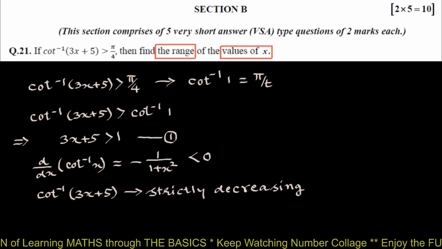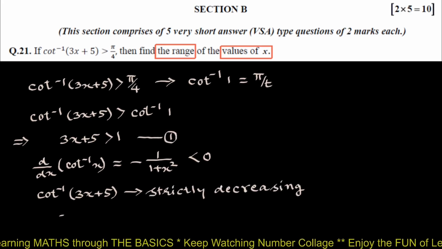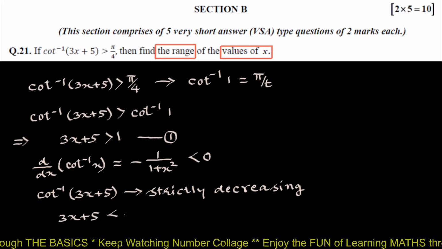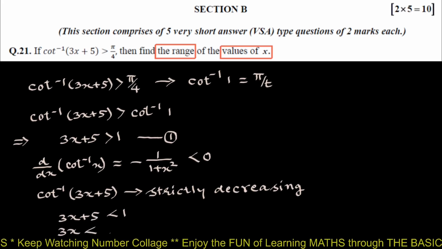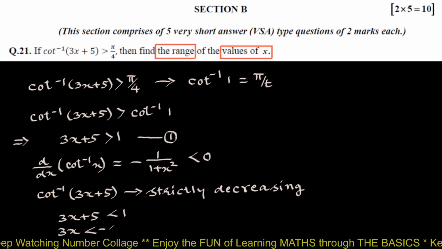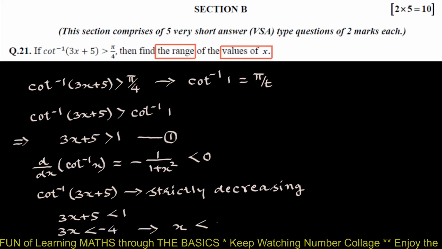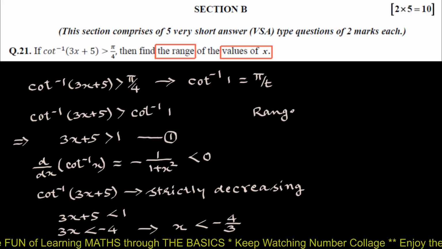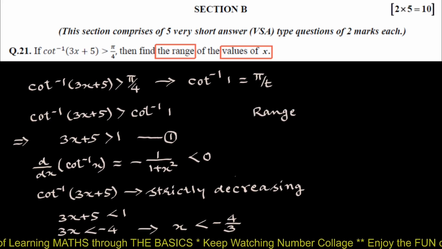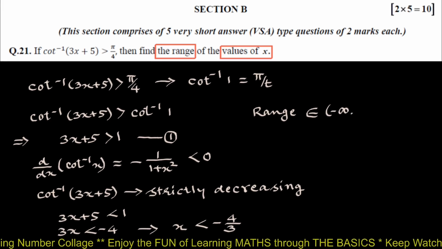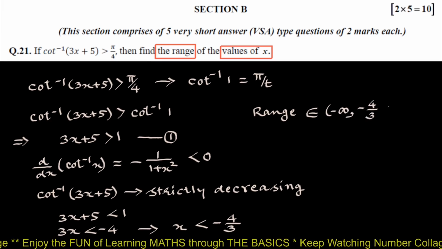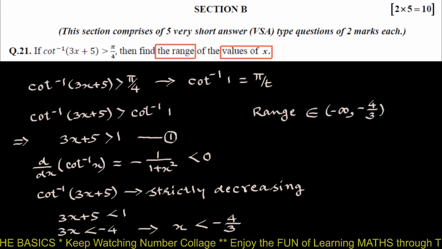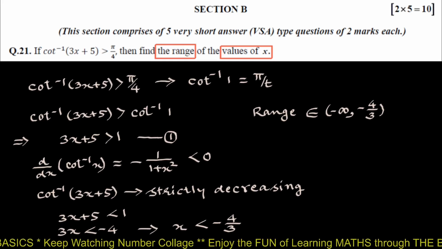Therefore, the statement we have to write as 3x + 5 less than 1, 3x less than 1 minus 5, that is minus 4, and x less than minus 4 upon 3. Therefore, the range is the open interval from minus infinity to minus 4 upon 3. So this is the range of the values of x.